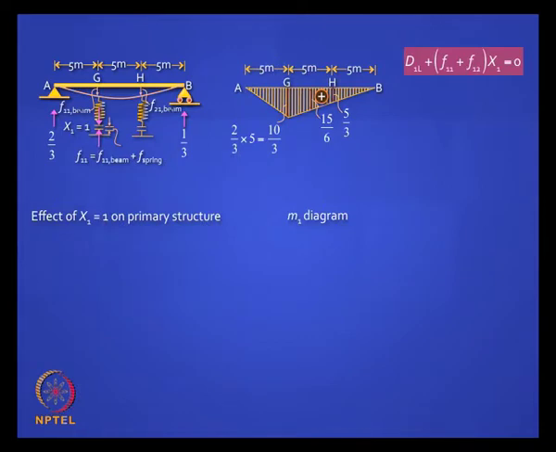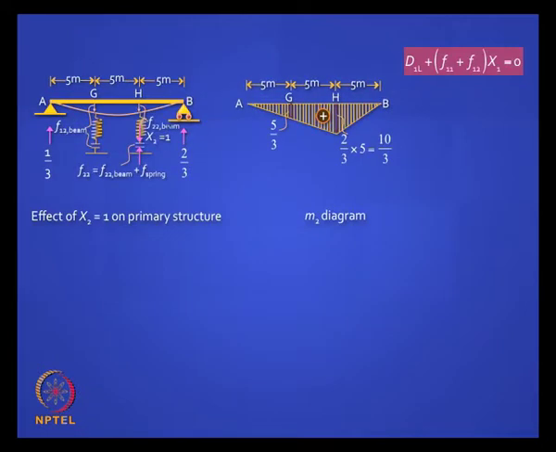Then you apply x1 equal to 1, that means you pull that spring down, and you have a force in the spring, but you also have a bending moment in the beam, and that bending moment diagram is a linear diagram like that. That is what we call M1 diagram, and then you pull the other spring down with a unit load, you have M2 diagram, which is the same as M1 but laterally inverted, okay. So you have these diagrams.